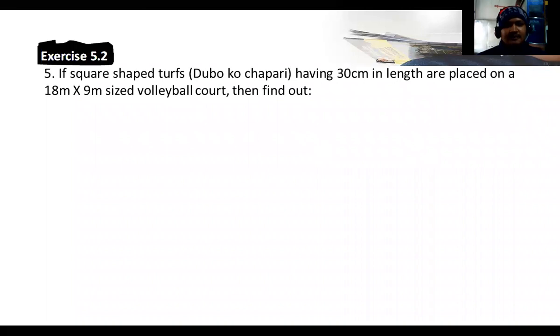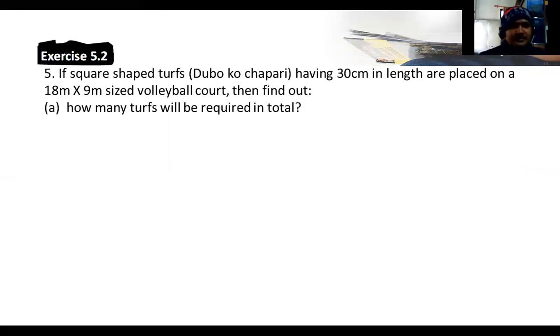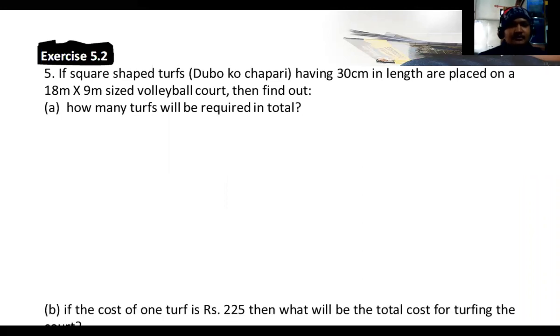Question number 5. If square-shaped tops having 30 centimeter length are placed on an 18 meter into 9 meter size volleyball court, then find out, first, how many tops will be required in total.